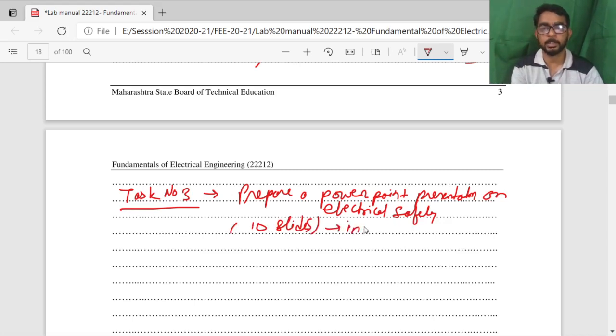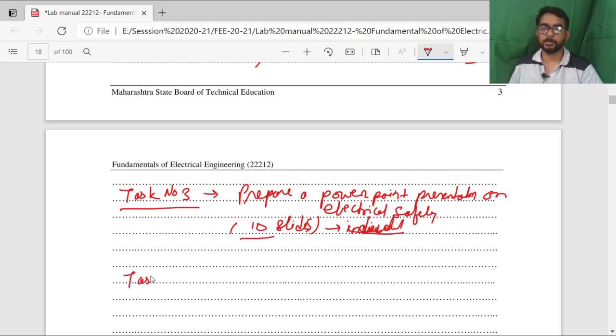This is an individual task. All tasks are individual, since all the students are at home, so they will complete these 3 tasks.